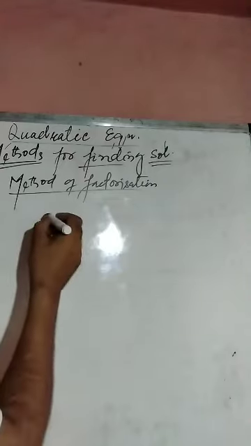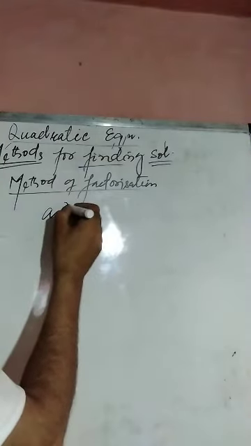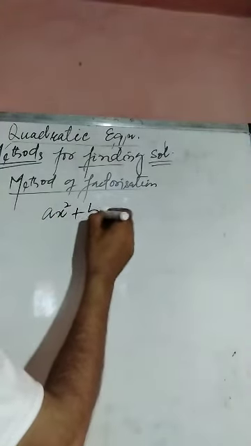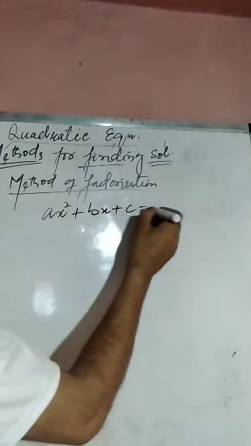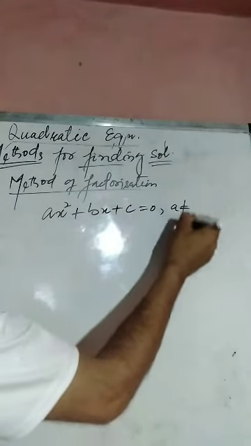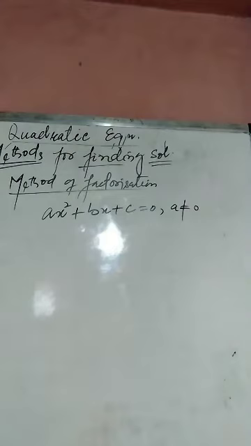It says that if you have the given quadratic equation ax square plus bx plus c equal to 0, where a is not equal to 0, it's the given quadratic equation. Now you have to find the roots of this quadratic equation by the method of factorization. How we can do this?